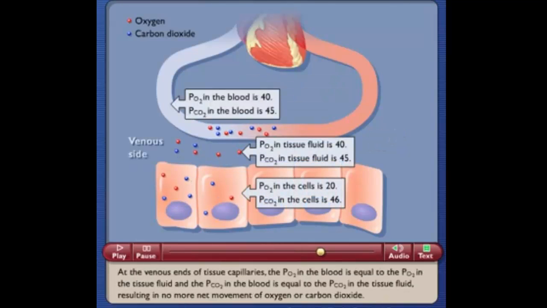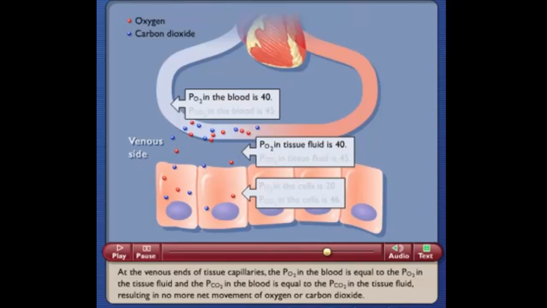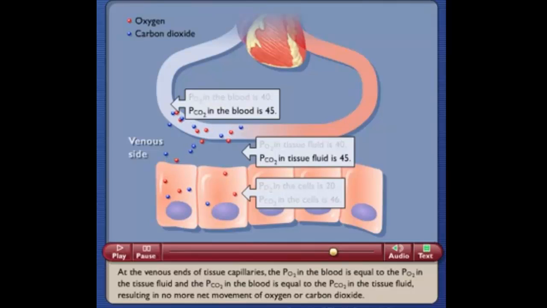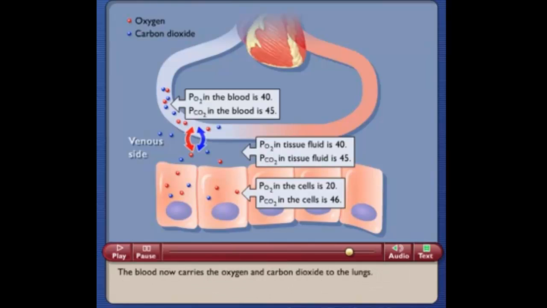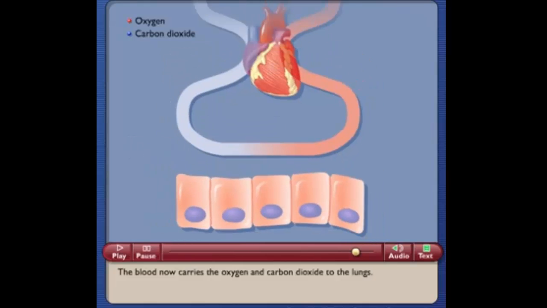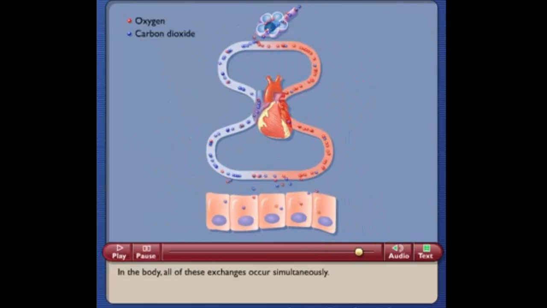At the venous ends of tissue capillaries, the PO2 in the blood is equal to the PO2 in the tissue fluid, and the PCO2 in the blood is equal to the PCO2 in the tissue fluid, resulting in no more net movement of oxygen or carbon dioxide. The blood now carries the oxygen and carbon dioxide to the lungs. In the body, all of these exchanges occur simultaneously.